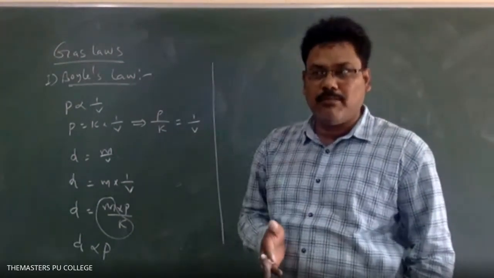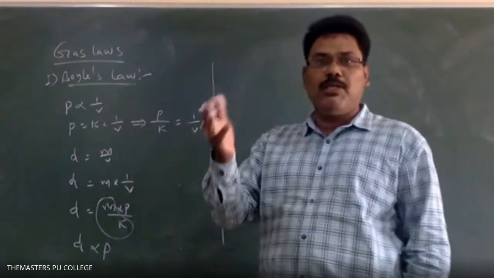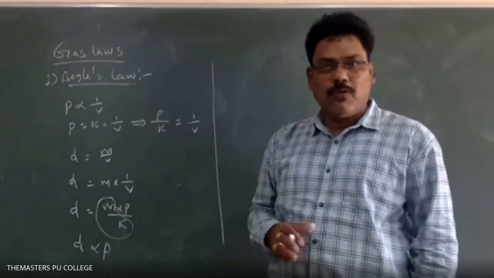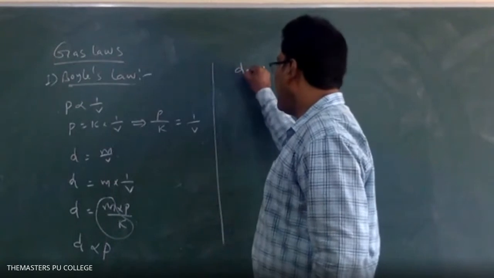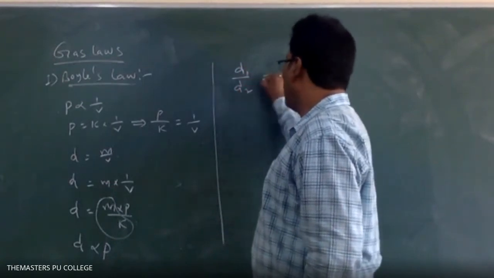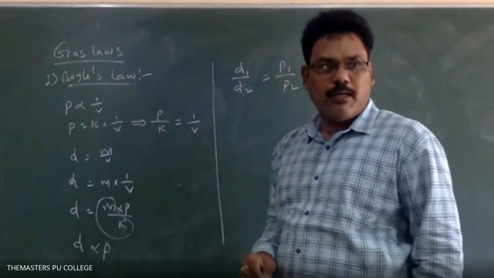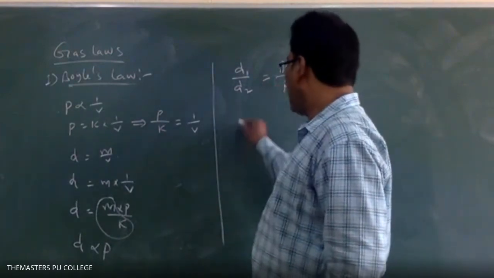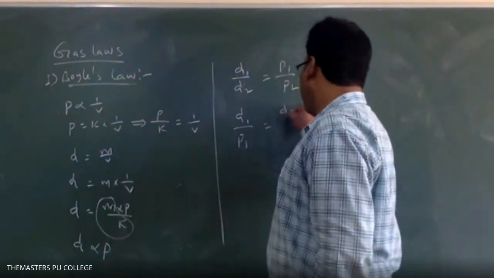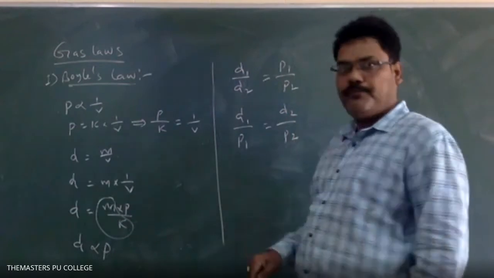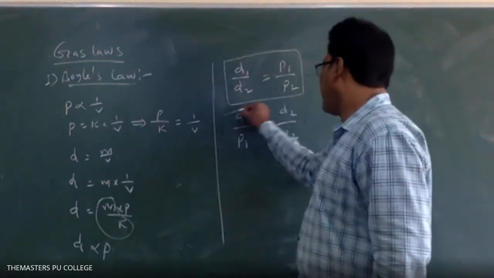Then the density and pressure will change to D2 and P2. So from this relation, you can write D1 by D2 is equal to P1 by P2. Got it? So from this, you can write D1 by P1 is equal to D2 by P2.